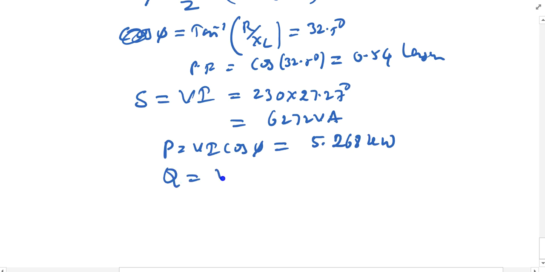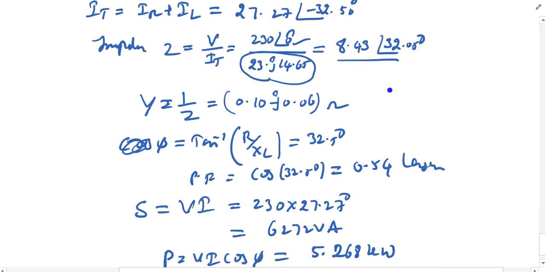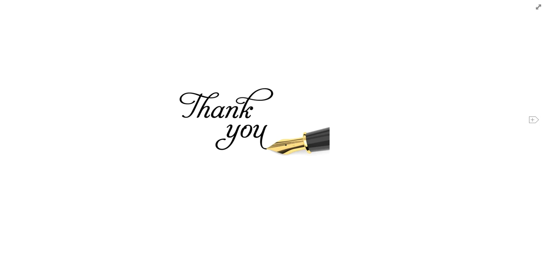Reactive power is VI sin phi. Do this, you are going to get 3.386 kVAR. So this is the way you can solve this kind of networks. With this formula, I hope you understood this concept, and I will stop for today's session.